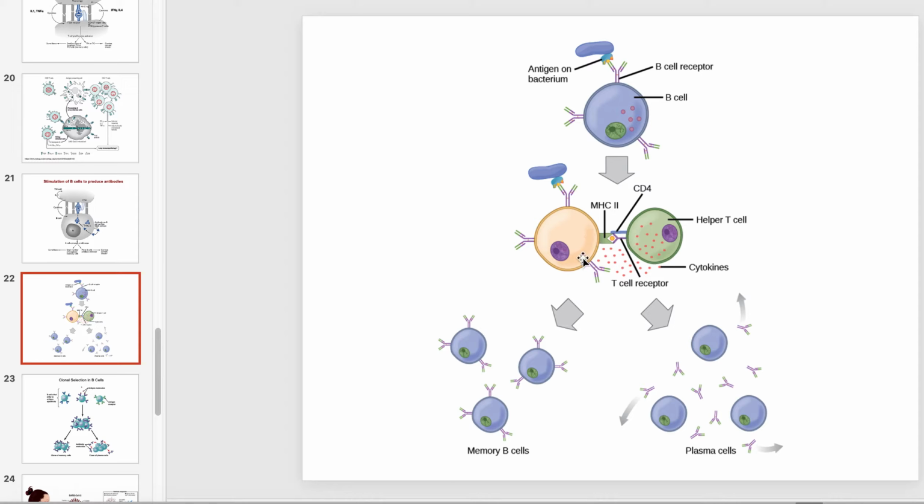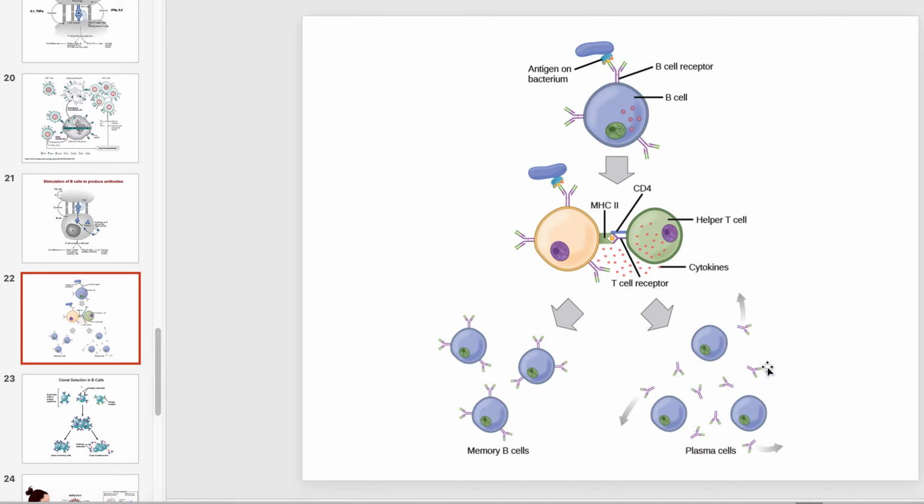This T cell can then shower the B cell with cytokines that would cause it to differentiate into the long-lived surveillance memory cells and the short-term plasma cells that will produce more of these antibodies to fight the current infection.